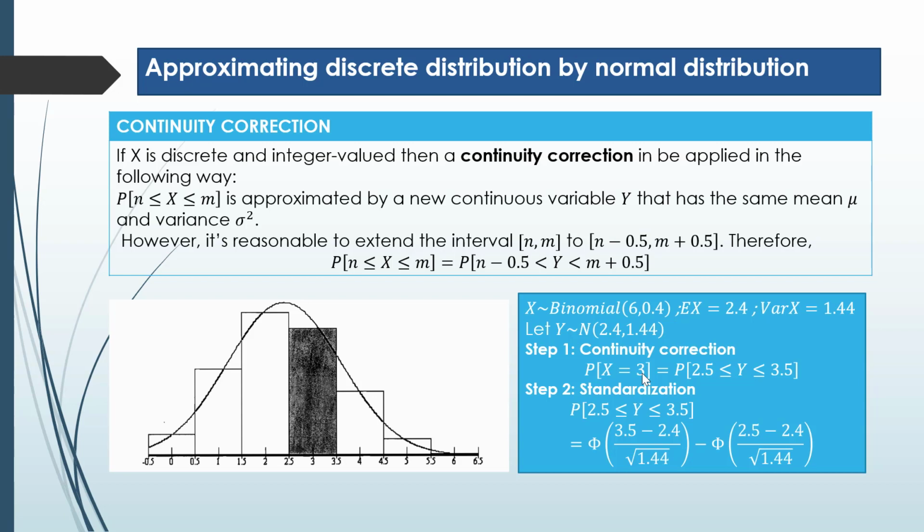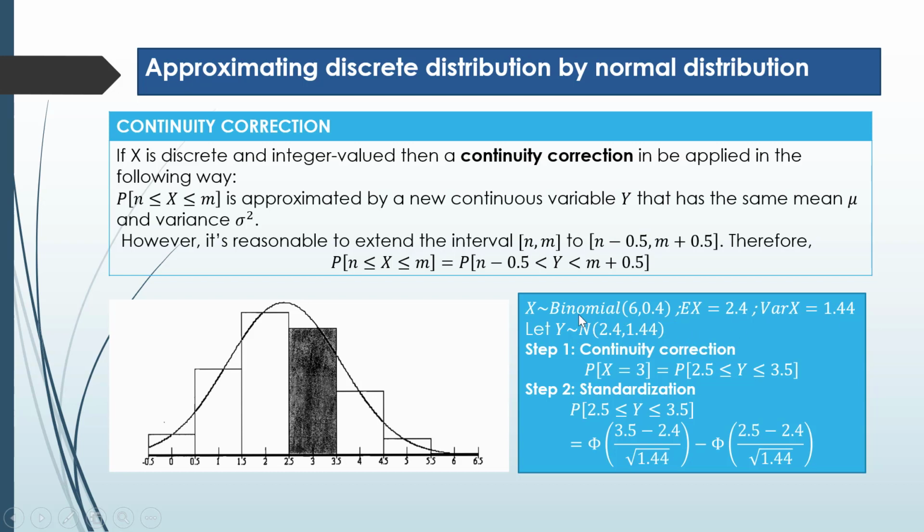That's the first method. The second method is using the normal as the approximation. First we calculate the mean and the variance. The mean of a binomial distribution is n times p, which is 6 times 0.4, that is 2.4. And the variance of x is np times 1 minus p, so it's 1.44.